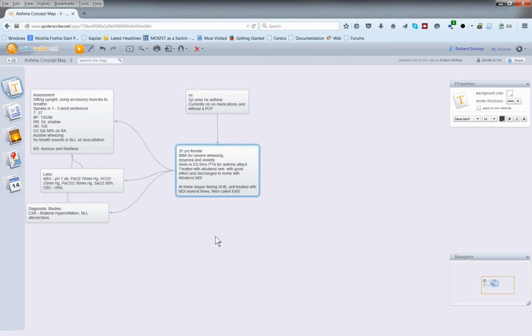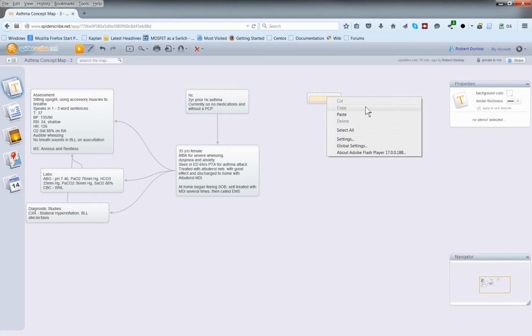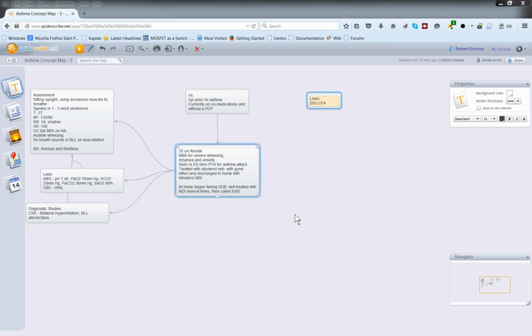Okay, so let's talk about what else is going on with her. She has an IV established, which was in our other case study situation. So she's got a 20 gauge in her left forearm, and in that 20 gauge, we're currently just running some normal saline at 100 an hour.